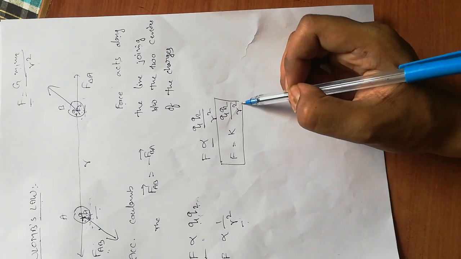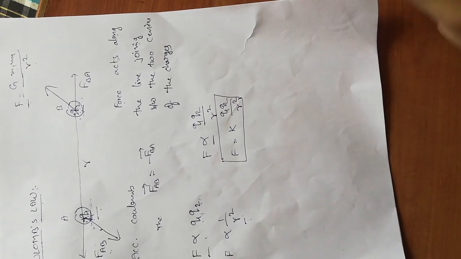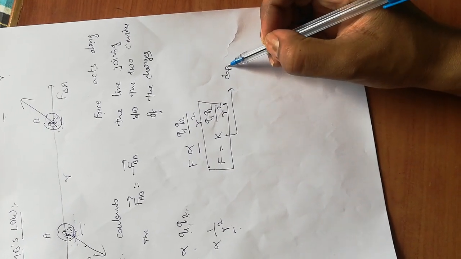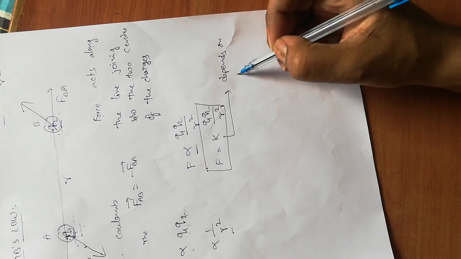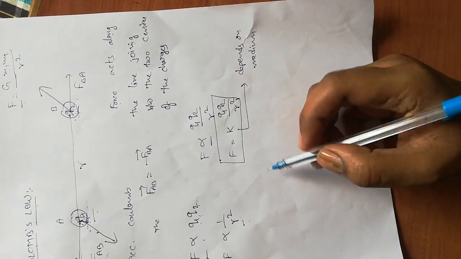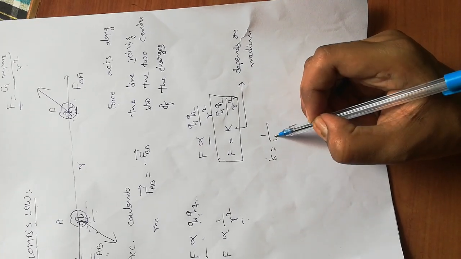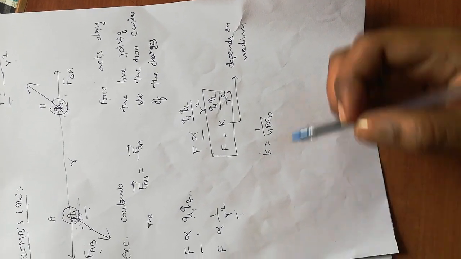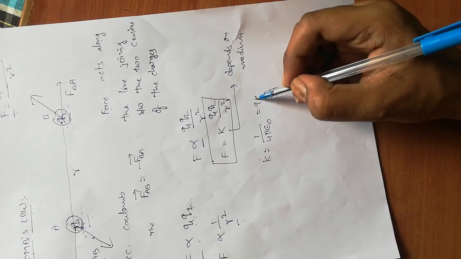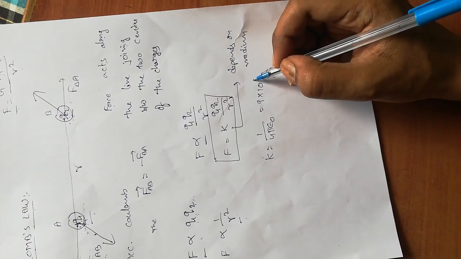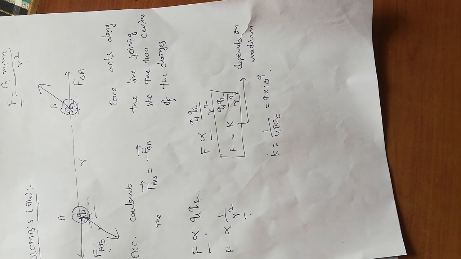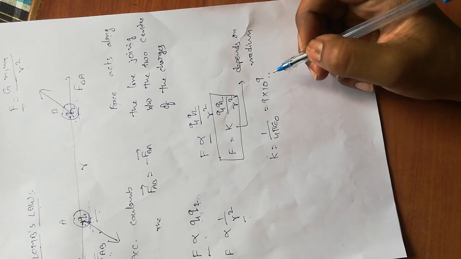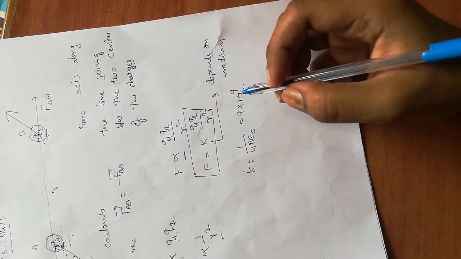And here there is another thing. k depends on the medium, and the value of k is 1 by 4 pi epsilon naught. The value is 9 into 10 power of 9. Clear?